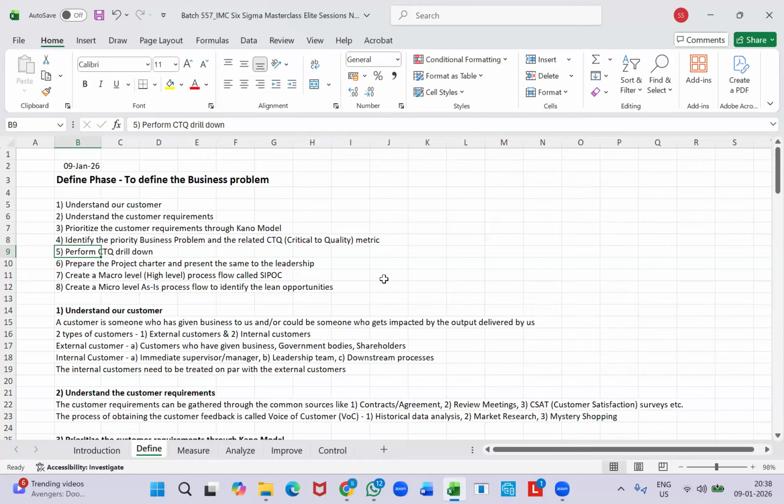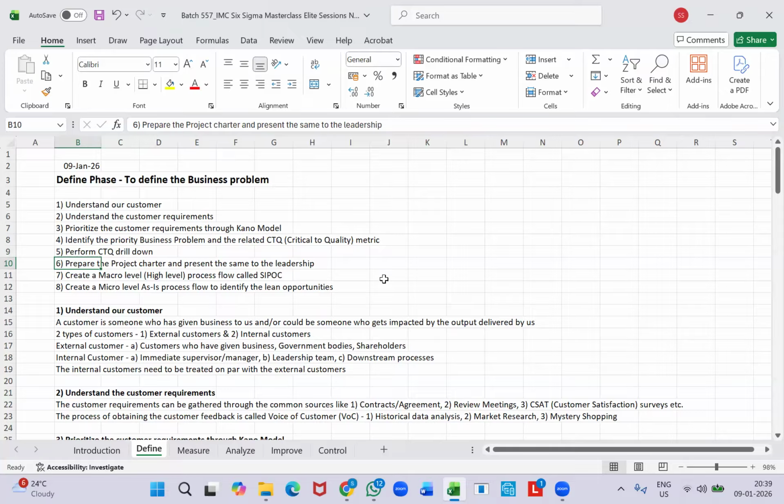So once we have identified the problem areas within the process which need improvement, the project team will prepare an introductory document for any Six Sigma project called Project Charter. This is a very, very important document, right?